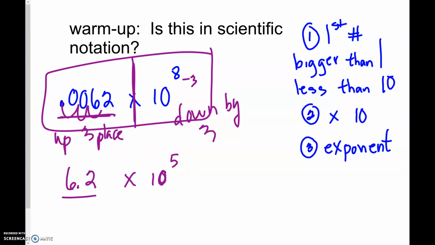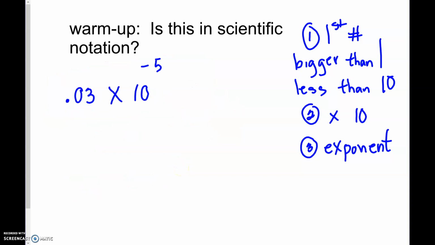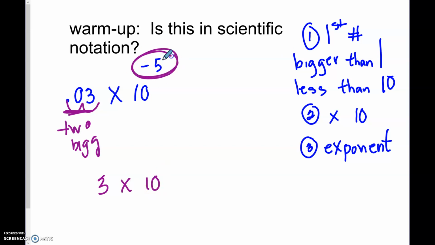All right, let's do one more to make sure we've got that concept. Is this in scientific notation? Again, look at this number. Is that bigger than 1? No. So we have to move the decimal 1, 2 places, so this is getting 2 bigger, so that it becomes 3 times 10. Now, how do I adjust this exponent?